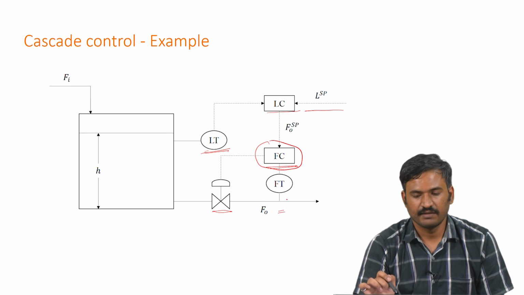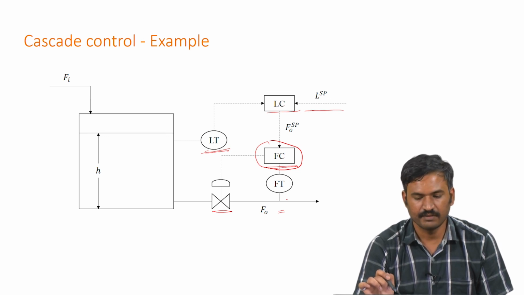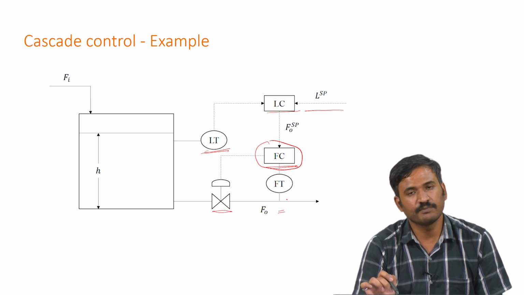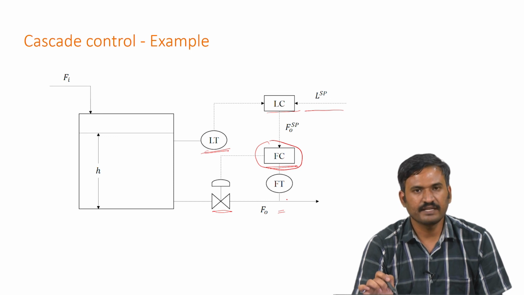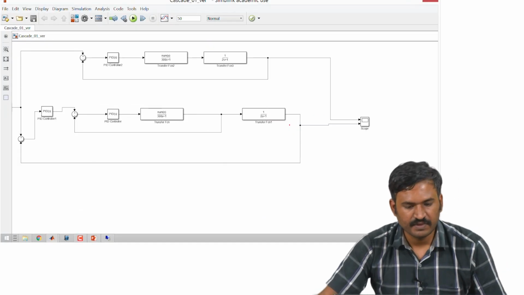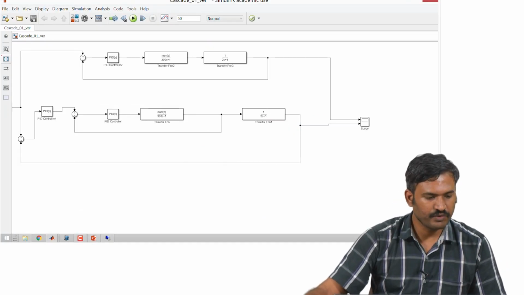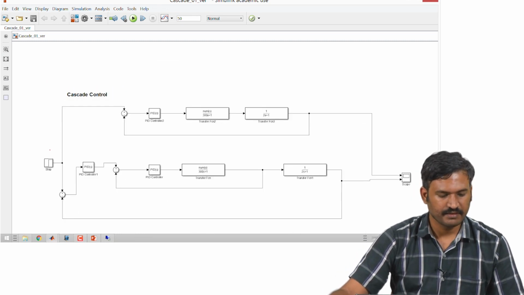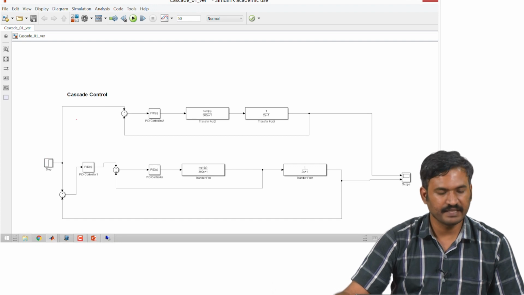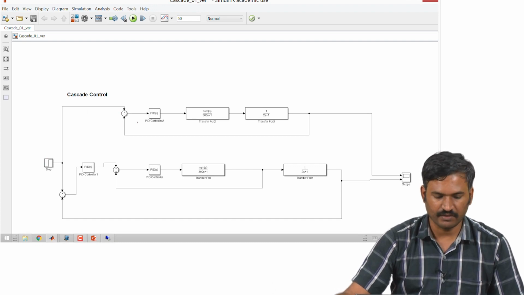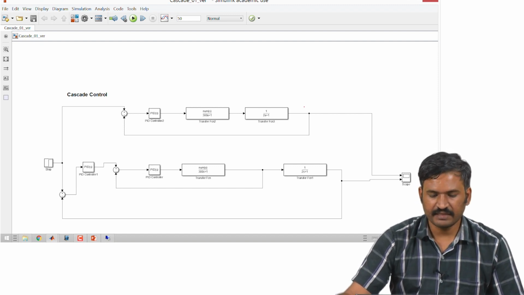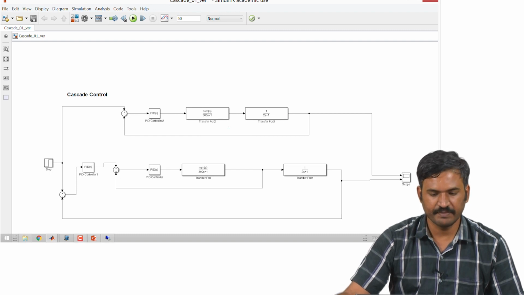Now, let us look at the performance of the system both without cascade controller and with cascade controller, and see how the performance looks. So, here I have configured two different systems. As you can see, there is a step change in the set point of the controller, and we have one PID controller here, and this constitutes GP1 and GP2.